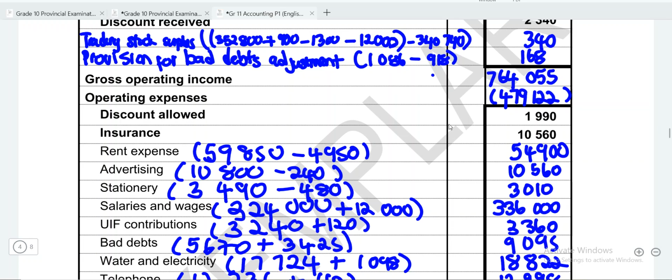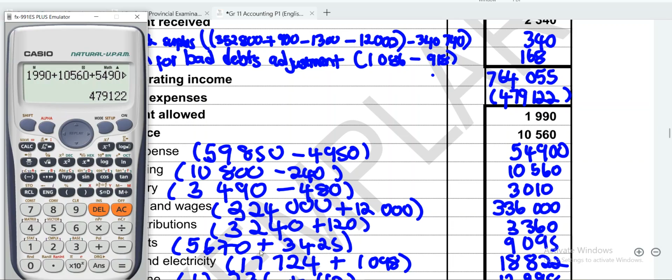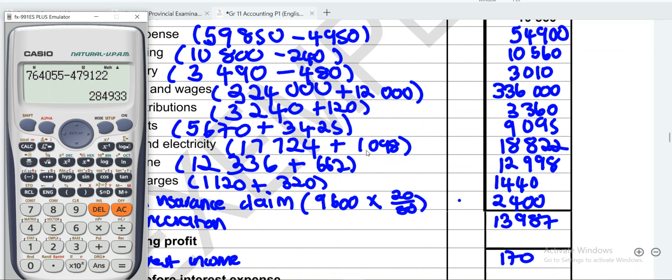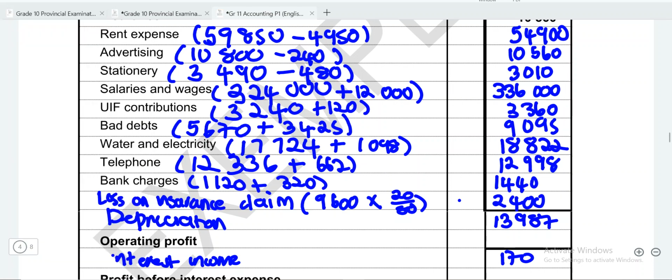From there you get your operating profit. We know it's the difference between the two. So if we say 764,055 minus 479,122, it is going to give us 284,933. So operating profit 284,933.